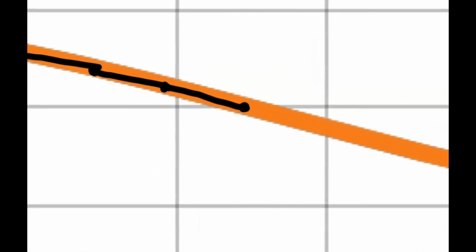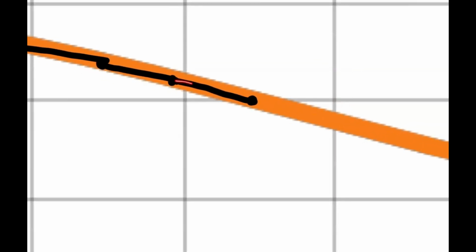So when we're adding, we have to know, what is the length of at least this segment of the line. And we can think of this as the hypotenuse of a triangle. And the triangle might look like this, where you have a small delta x here and a delta y here.